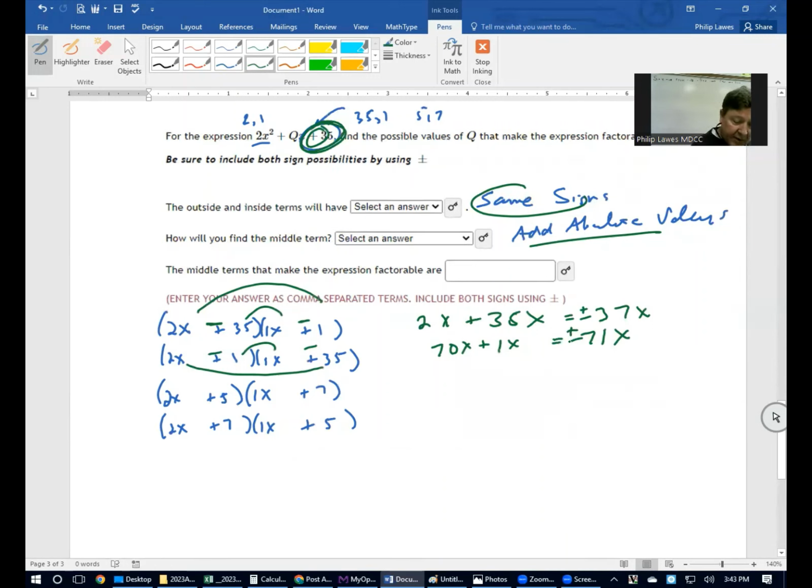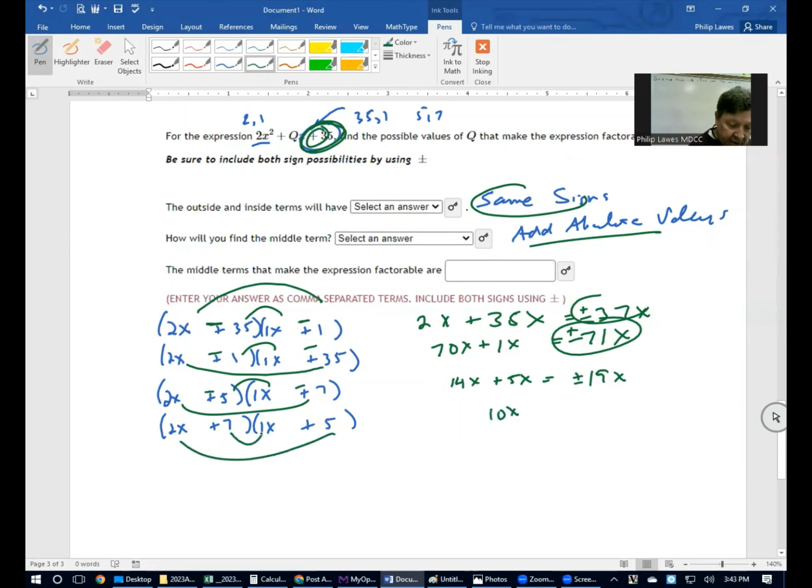So we're going to say plus or minus 71x. Outsides are 14x. Insides are 5x. For a grand total of 19x, plus or minus if I change the signs. And 10x and 7x, and since they have the same signs and I'm adding, that's 17x, plus or minus if I change the signs.